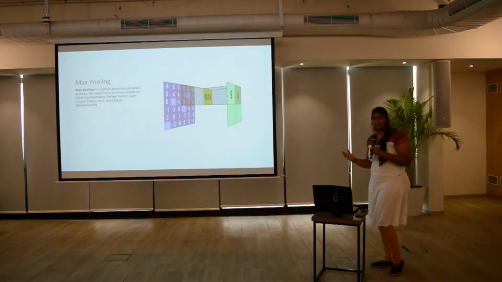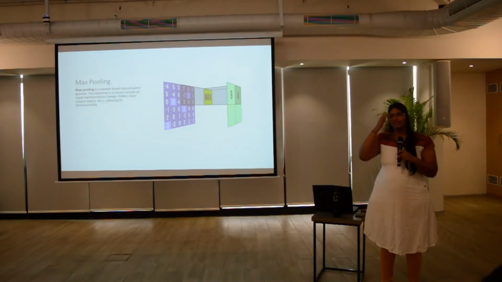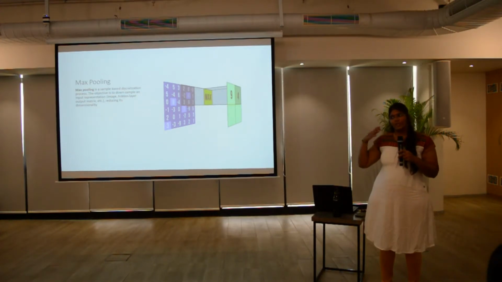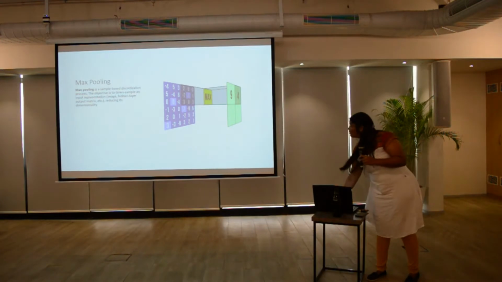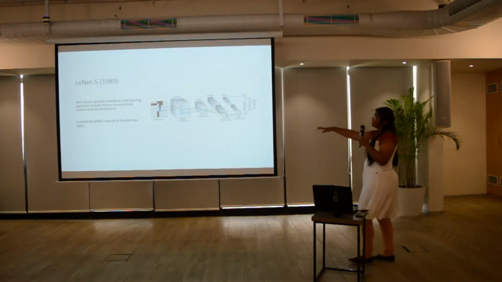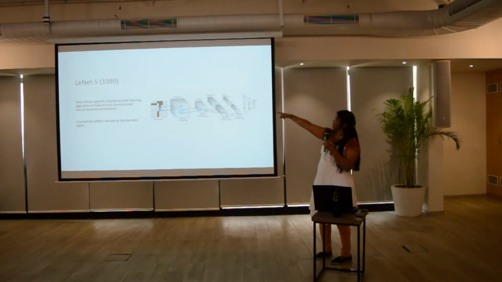So how do you decide which step you want to do, whether matrix multiplication or max pooling? Right now, a whole lot of it is experimentation. If you see Yann LeCun's model, he said to use convolution, then max pooling, then convolution, then max pooling.